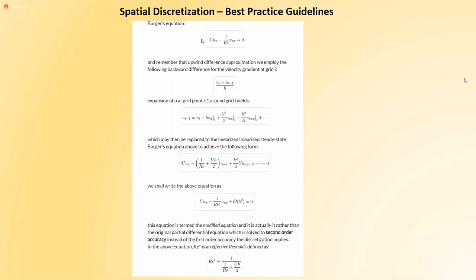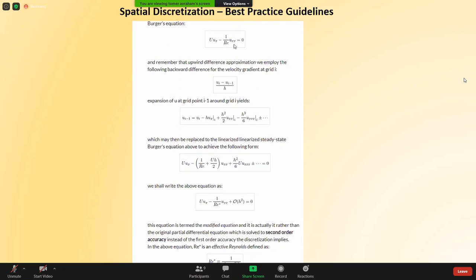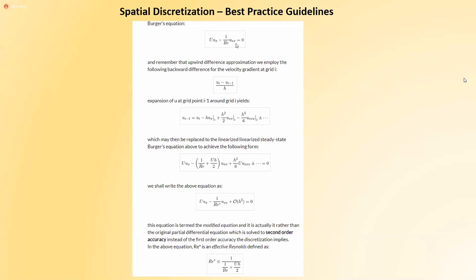Here you see the Burgers equation. The Burgers equation is a 1D equation, non-linear. It could be linear, but in this case, it's a linear equation. And you see here expanding U minus 1 into a Taylor series.